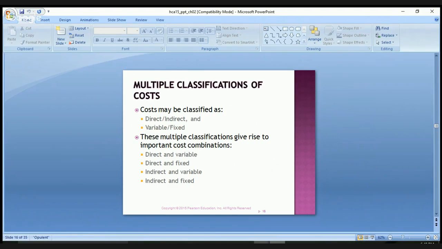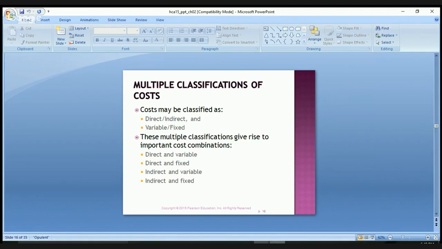Okay? These multiple classifications give rise to important cost combinations. So you could have direct and variable. What would be an example of direct and variable? A direct cost would be something I can tie directly to the product. Let's concentrate on the car. Yeah, the tires.